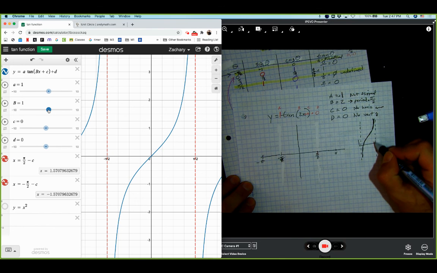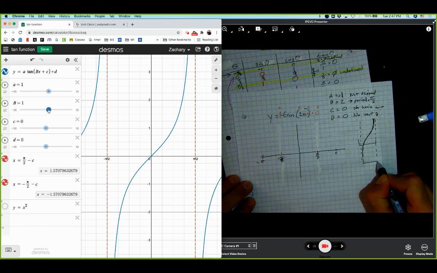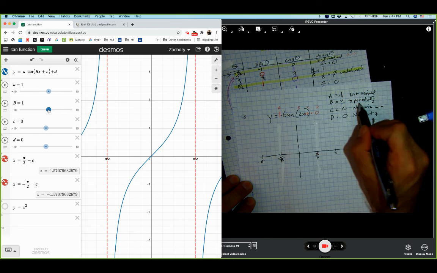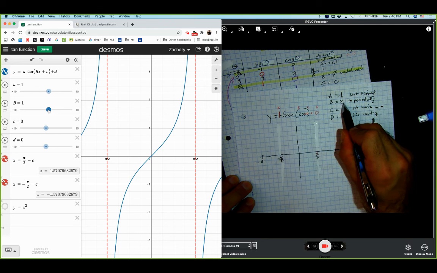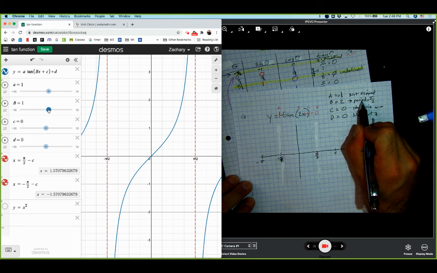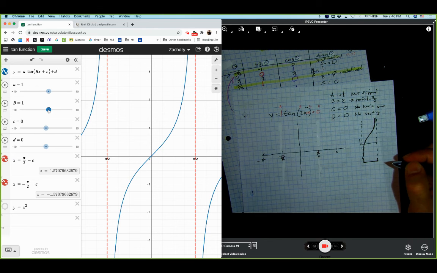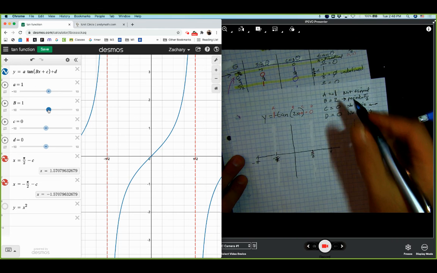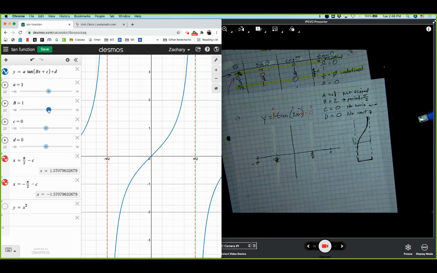The asymptotes are going to be based on how wide the tangent function is, based on the frequency of 2, the period, which is pi divided by the frequency, pi divided by 2. So since that's the case, we are going to note that these two things occurred.